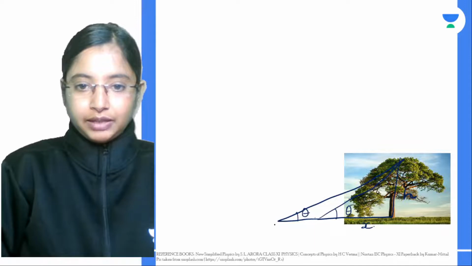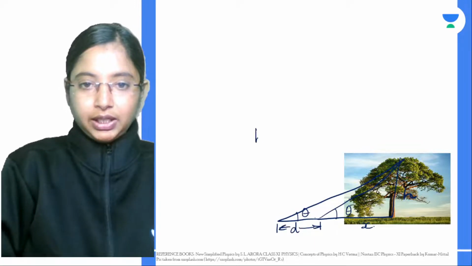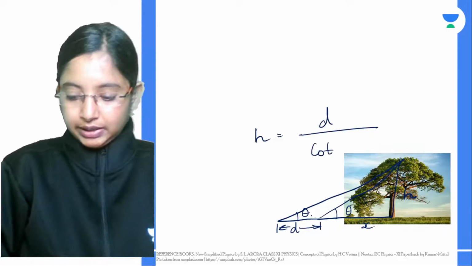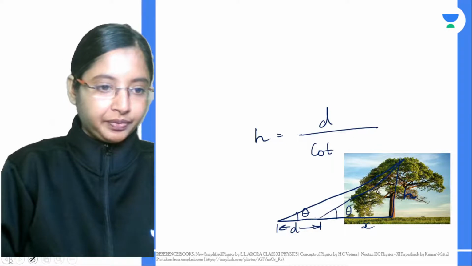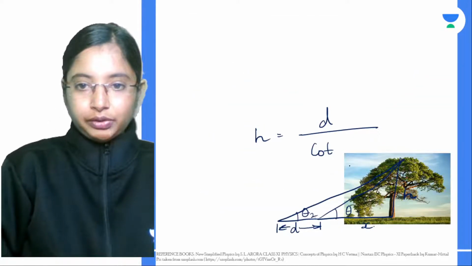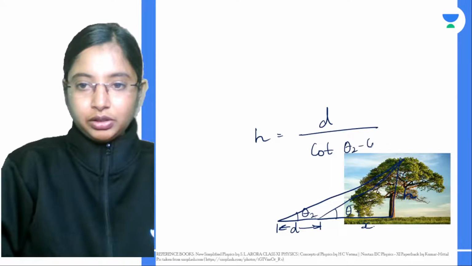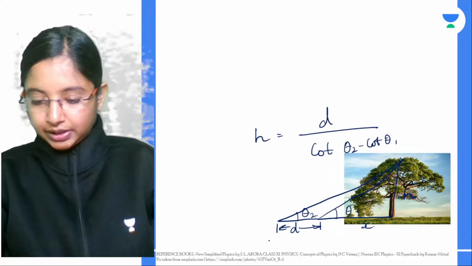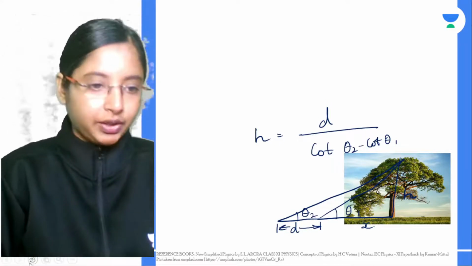Then if you can measure this distance, you can again use the formula h equals d divided by cot theta 2 minus cot theta 1. That's right, Akshay, we are basically using the triangulation method.